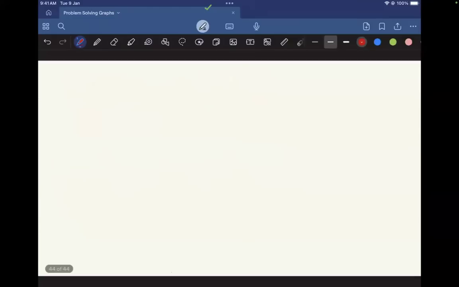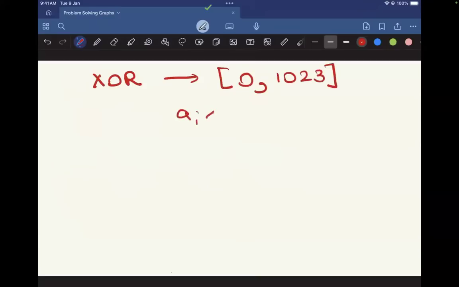Now, the thing to notice, guys, is that the XOR can lie only from 0 to 1023. Because A_i is smaller than or equal to 1023, are you able to create an XOR which is greater than 1023? No, right? So the XOR lies in the range 0 to 1023. Think about it this way.